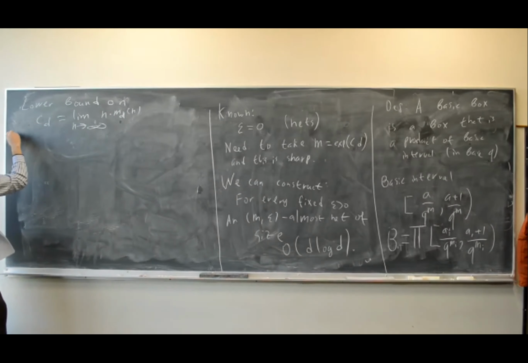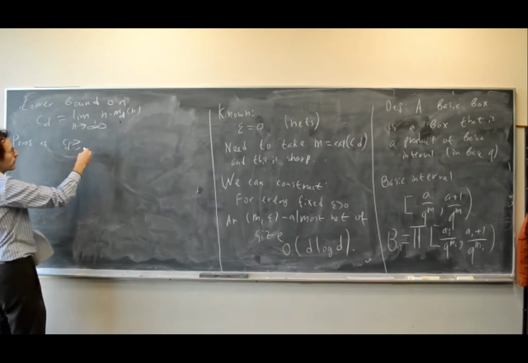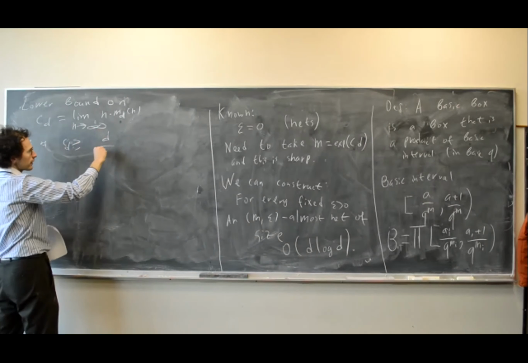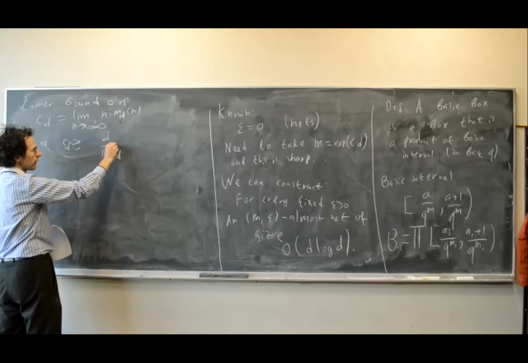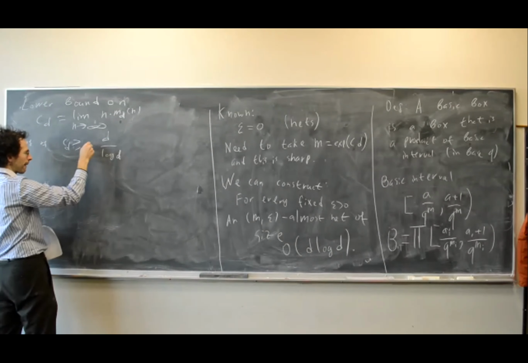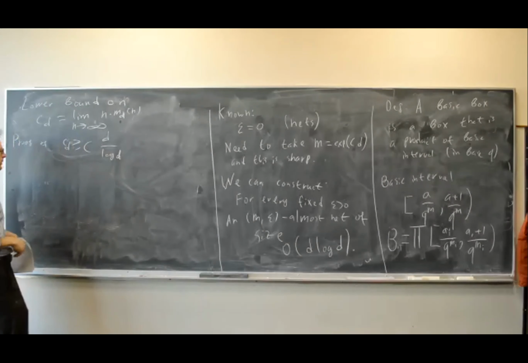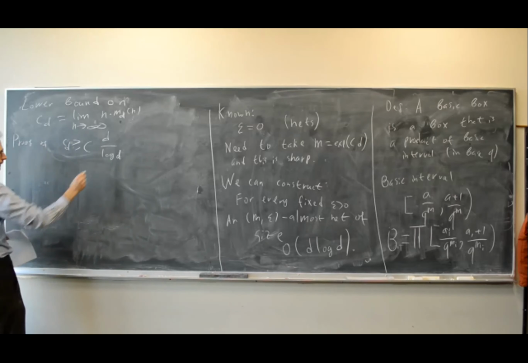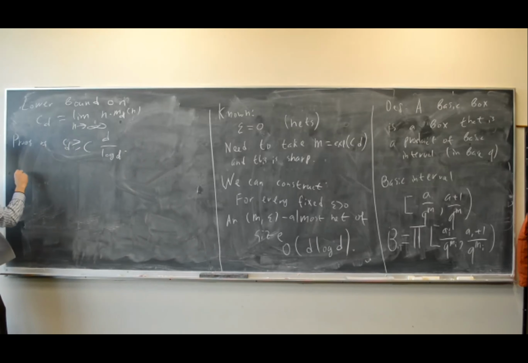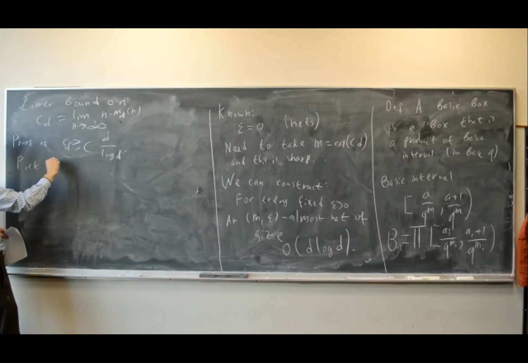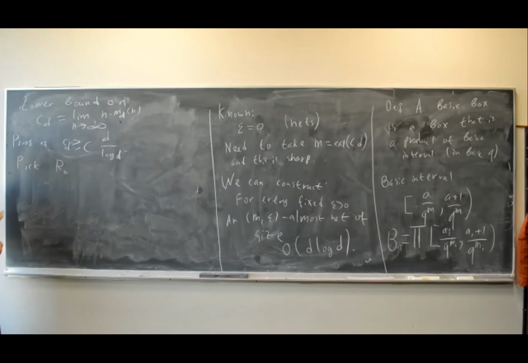Okay, so the proof of the bound that C_d is at least d over log d times some constant C. I'm going to look at boxes of volume R0 over N. I'm going to choose some number R0, which will be chosen later.